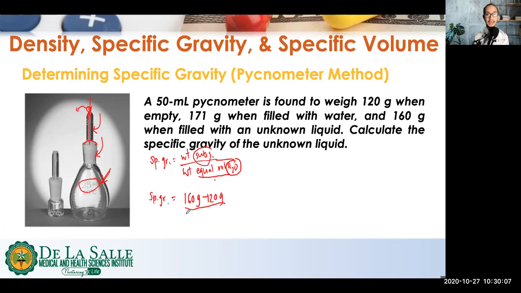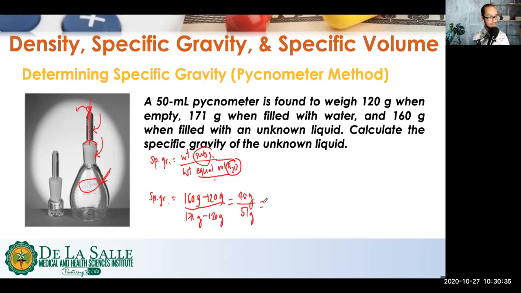Meaning, it is the difference between 171 grams, the weight of the pycnometer with water, and 120 grams, the weight of the empty pycnometer. So what you have is 160 minus 120 grams, that's equal to 40 grams, divided by 171 grams minus 120 grams, which is equal to 51 grams.